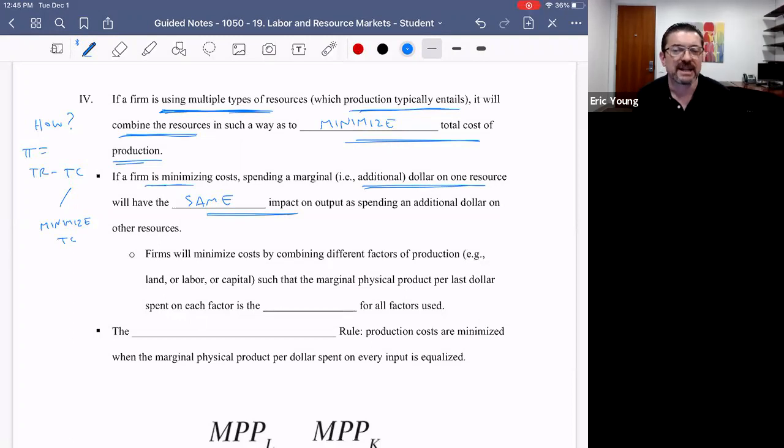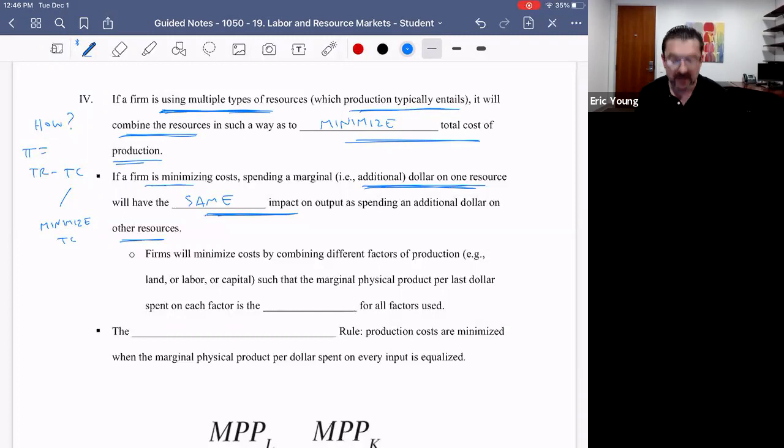Let's say that a firm has money to spend and can choose to spend it on labor or on machinery. If a firm is minimizing its cost, that means that it is currently using the mix of resources such that spending an additional dollar on one resource would have the exact same impact as spending an additional dollar on another.